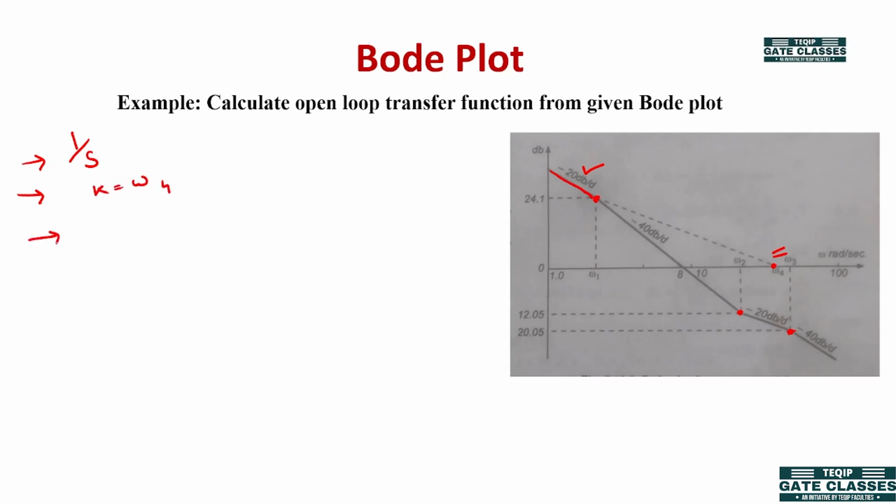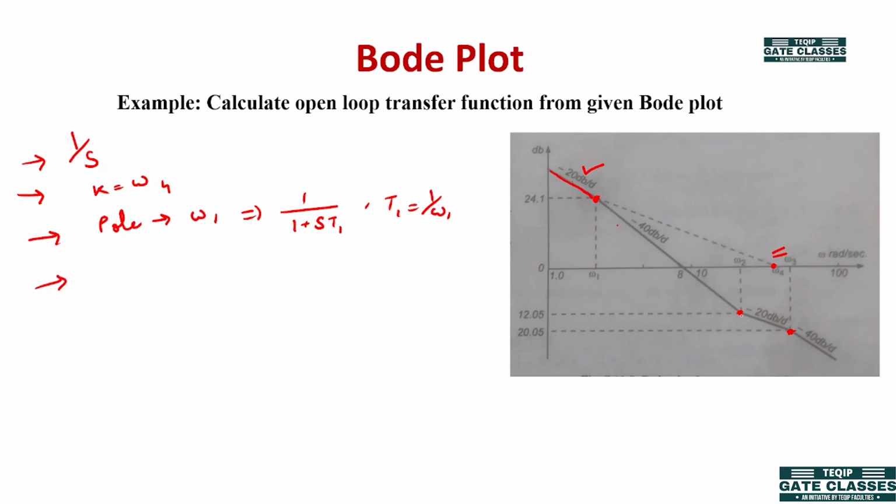Then the third term: as the slope is changing at omega 1 and it is adding in the negative direction, minus 20 dB added to the previous slope, we have a first order pole at omega 1, or 1 by 1 plus sT1, where T1 is equal to 1 by omega 1.